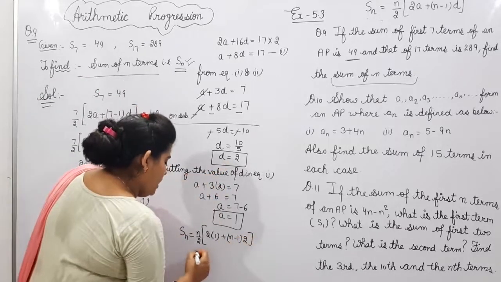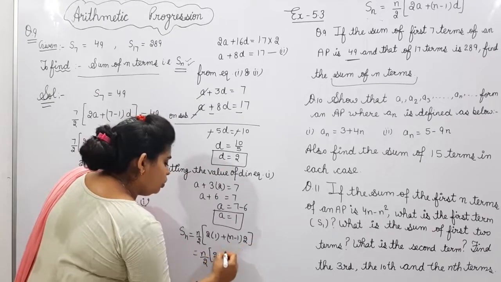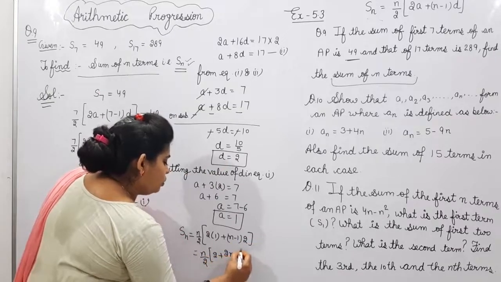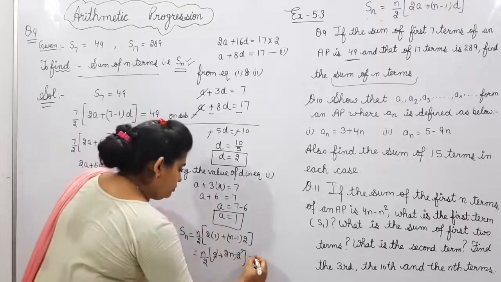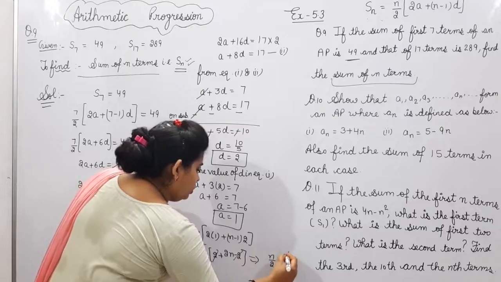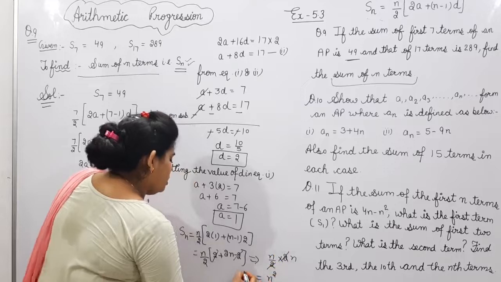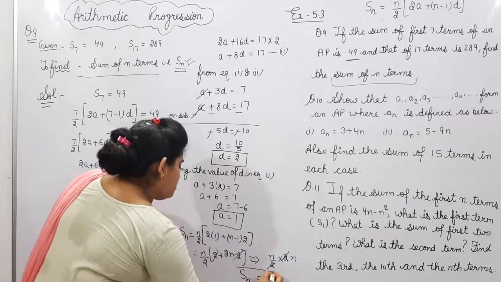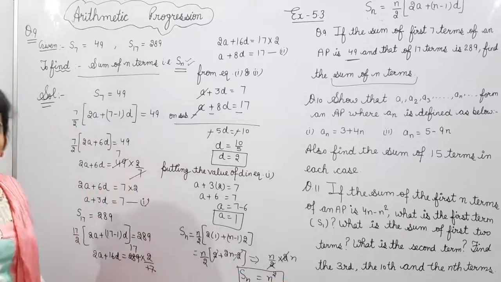So from here, n by 2 into 2 plus 2n minus 2. Plus 2 minus 2 cancel out. It is n by 2 into 2n. 2 cancels out and it is equal to n square. So what is the sum of first n terms? n square. This is our question number 9.